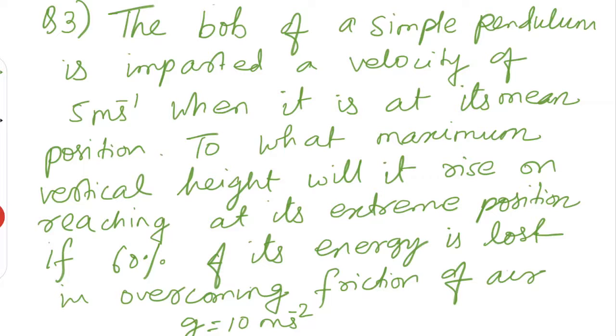To what maximum vertical height will it rise on reaching its extreme position if 60% of its energy is lost in overcoming friction of air? Okay, g value is given 10 meter per second square. So students, I am expecting all of you to solve this and write the answer in the comment section.